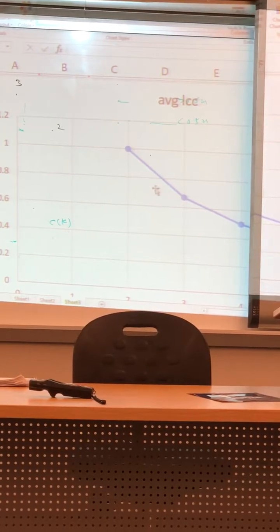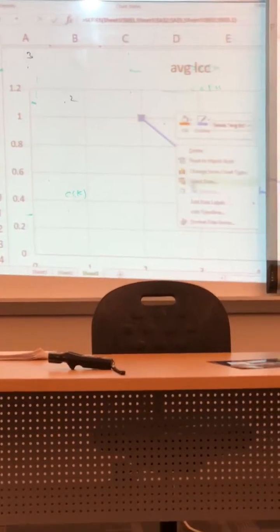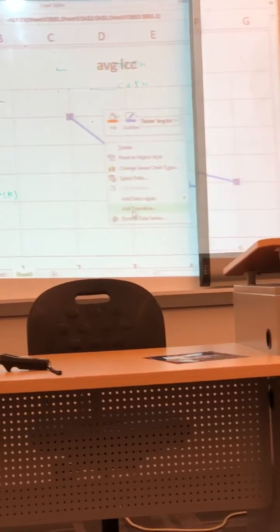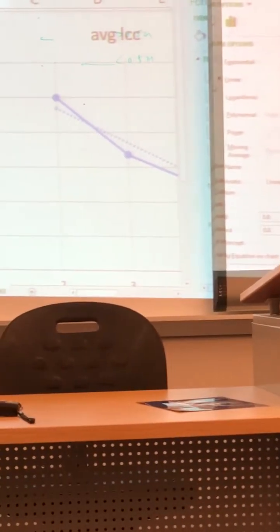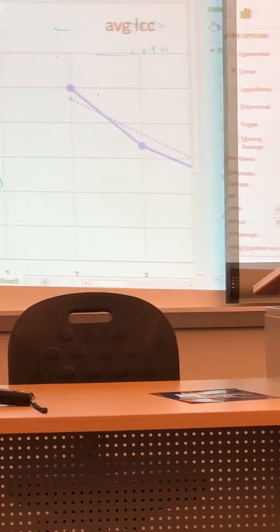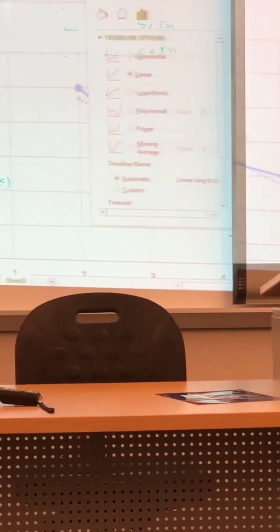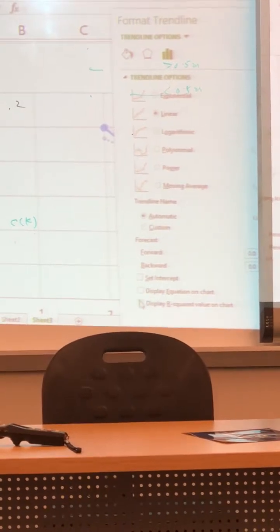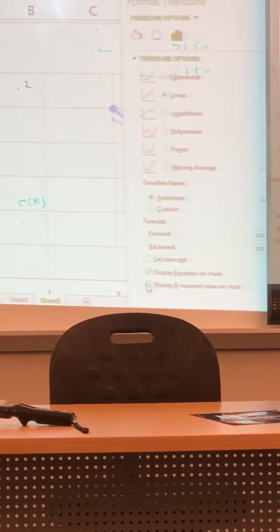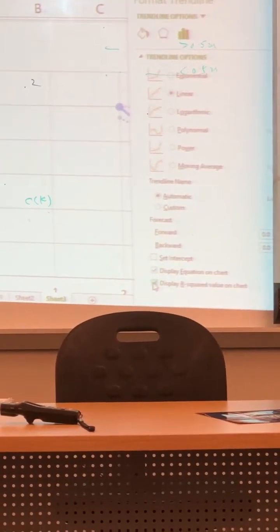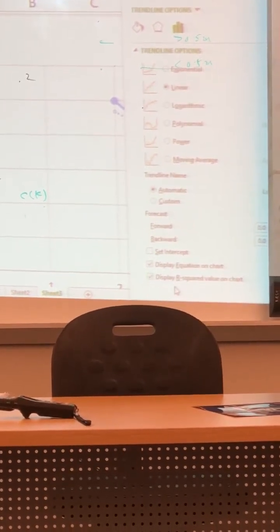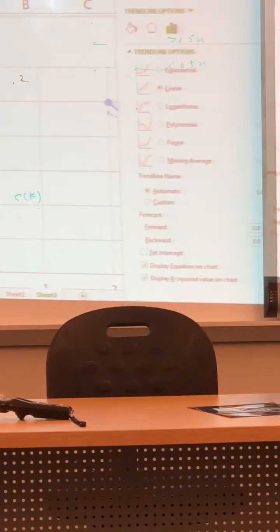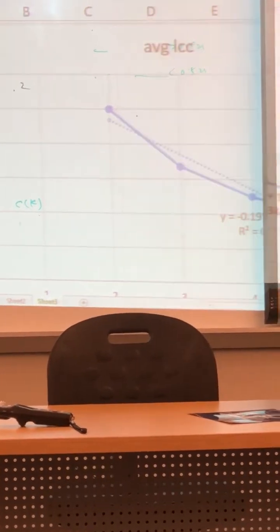Now right click and choose add trend line, and choose the linear option. Then select display equation on chart and display R square value. R square is a measure of how good the fit is.